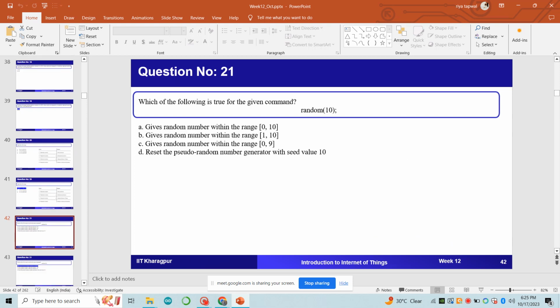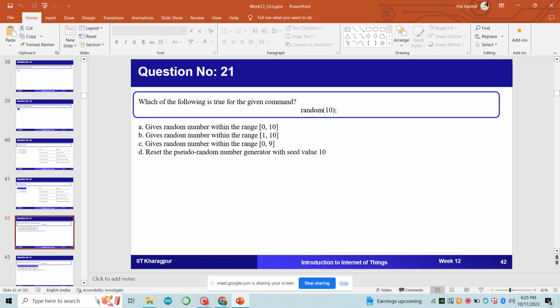Next question is, which of the following is true for the given command? Random 10. So first is, gives a random number within the range 0 to 10. Second is within the range 1 to 10. Third is 0 to 9.